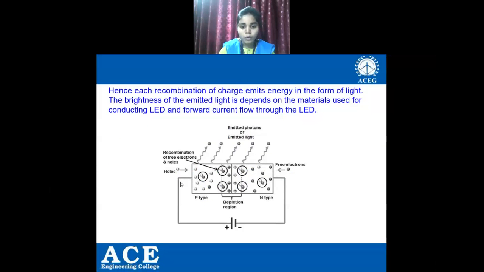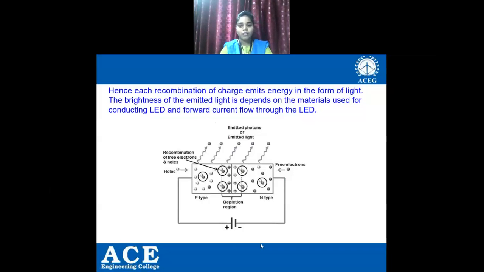Now this is how we can visualize the LED. Hence, each recombination of charge emits energy in the form of light. The brightness of the emitted light depends upon the material used for constructing the LED and the forward current through the LED. Right, this light depends on what? The materials which we have used and the current flowing through the LED.